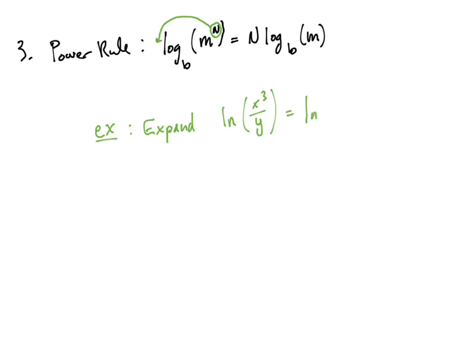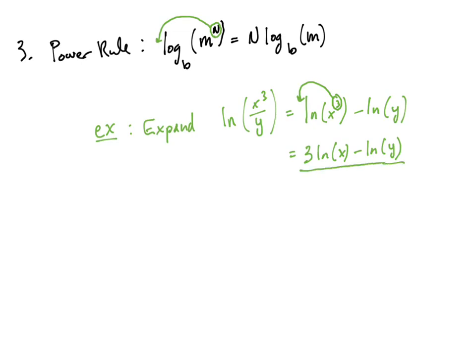So this will be ln of x cubed minus ln of y. And then this 3, I'm going to rewrite as a coefficient of the first term. So 3 ln of x minus ln of y. And that would be it.